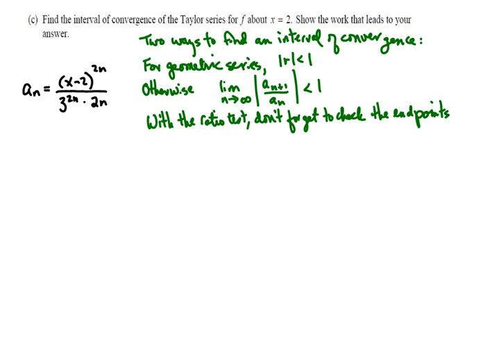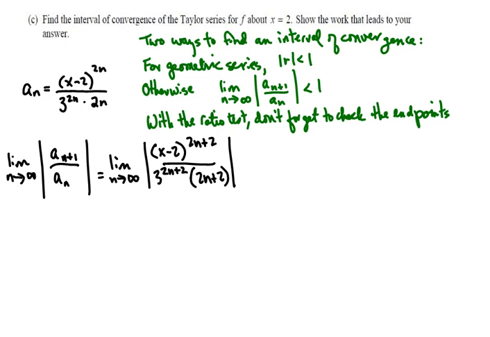Alright, so we're going to start on this journey here. Now for the n plus first term, we're substituting n plus 1 for n. So in the numerator we have (x minus 2) to the 2 times (n plus 1), which would be (x minus 2) to the 2n plus 2. Then again in the denominator we have 3 to the 2n, and substituting n plus 1 for n, we get 3 to the 2n plus 2.